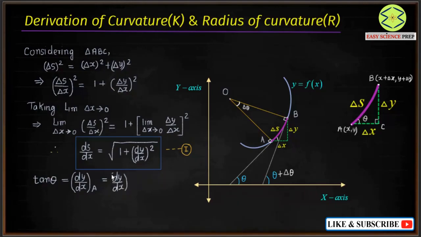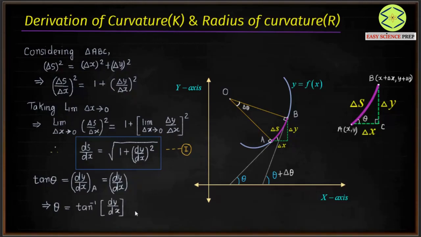So we got tan theta as dy by dx, so we can also write theta as tan inverse of dy by dx. This is the next equation we got. Let me call this equation 2.